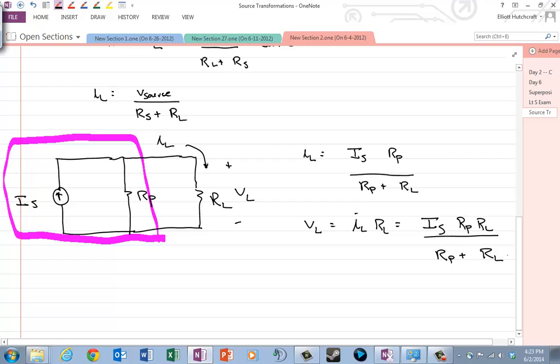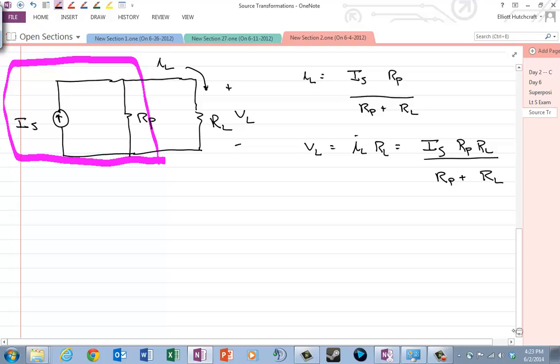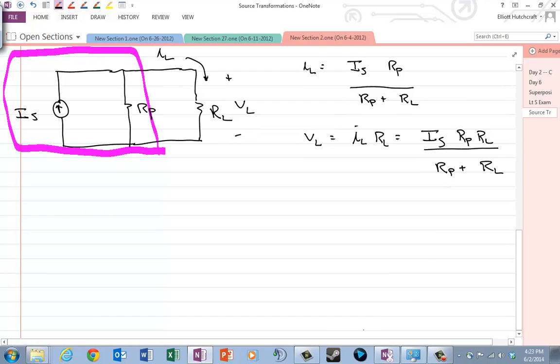Alright. So now let me write down in words what I just said. So we want these two sources to be electrically equivalent.